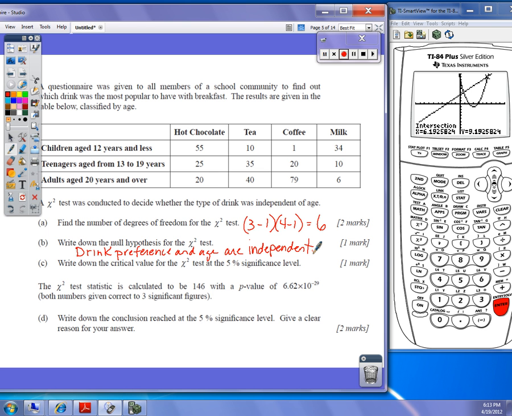Okay, and then they ask us to write down the critical value for the chi-square test. You're going to look at the table in the back of your formula sheet, which I'm trying to find mine while I talk to you.